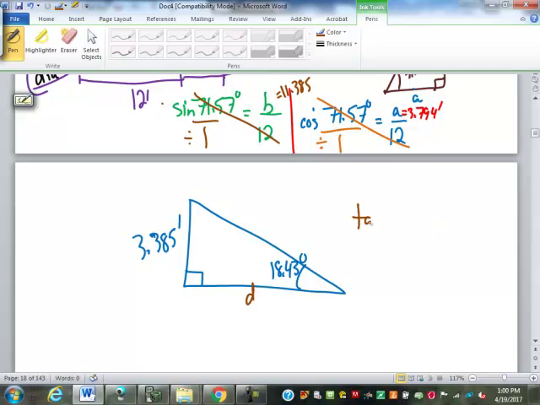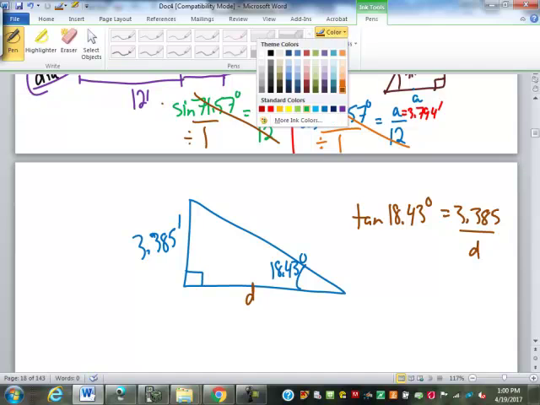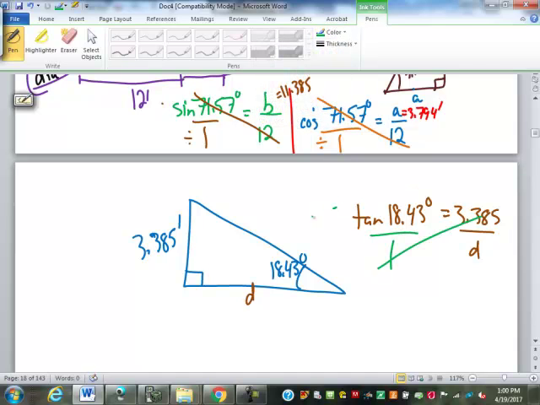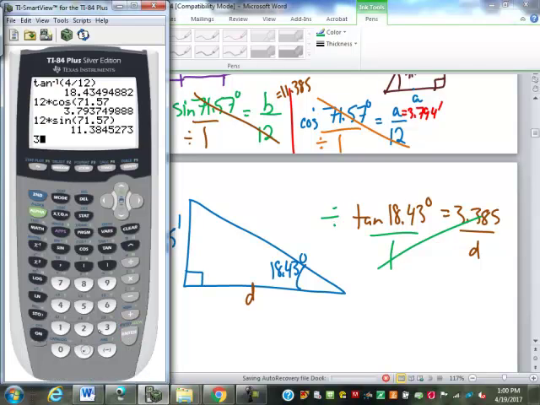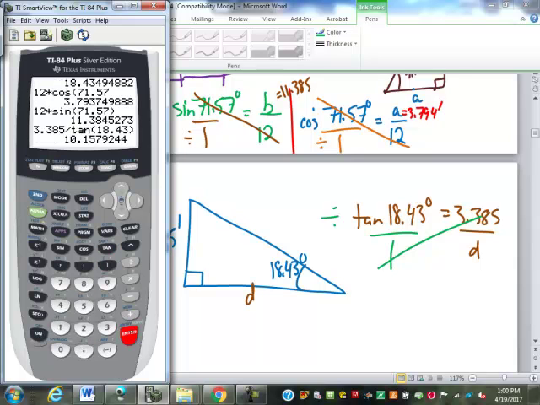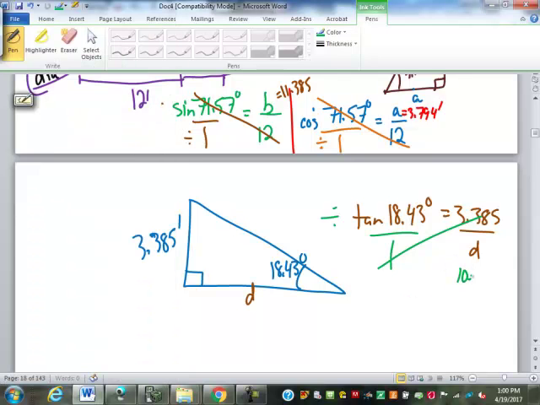Tangent of 18.43 degrees equals opposite 3.385 over that adjacent side of D. Make it a proportion and cross multiply. 3.385 divided by the tangent of 18.43 is 10.158 feet.